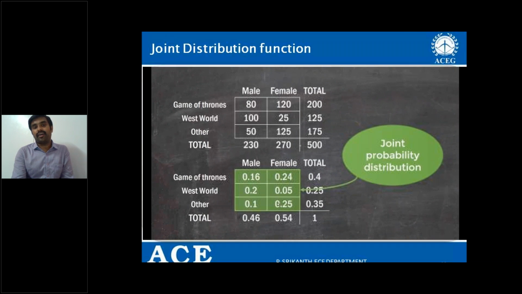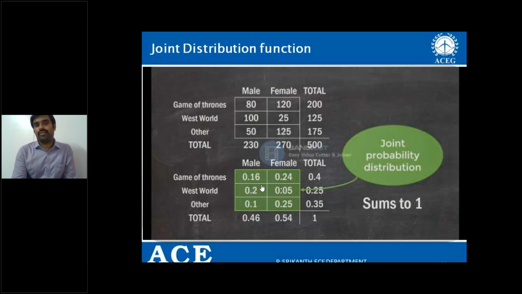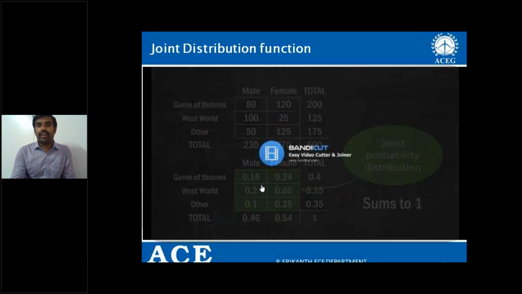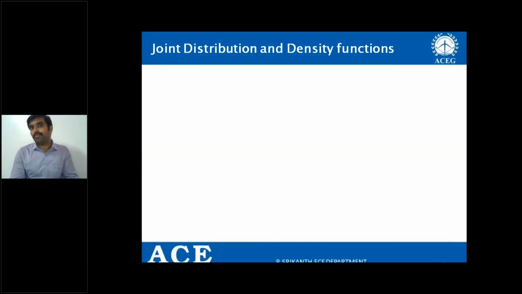Similarly here, these are all joint probabilities, and if you observe, the total sum equals 1, that is, the total probability is distributed among all these. Therefore, it is called the probability distribution, or joint probability distribution, right?